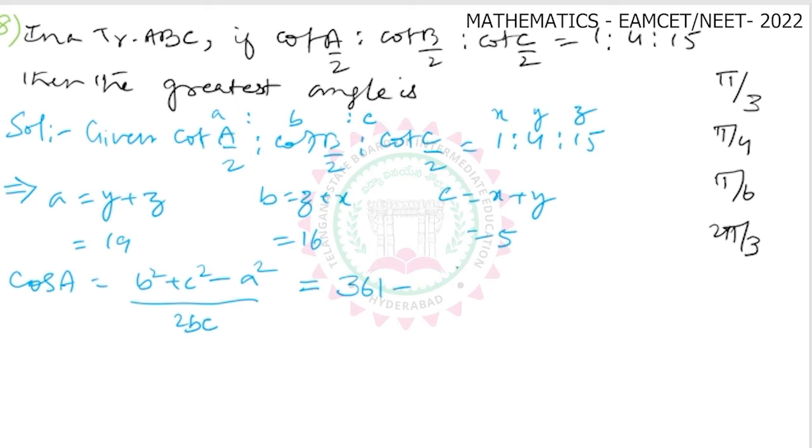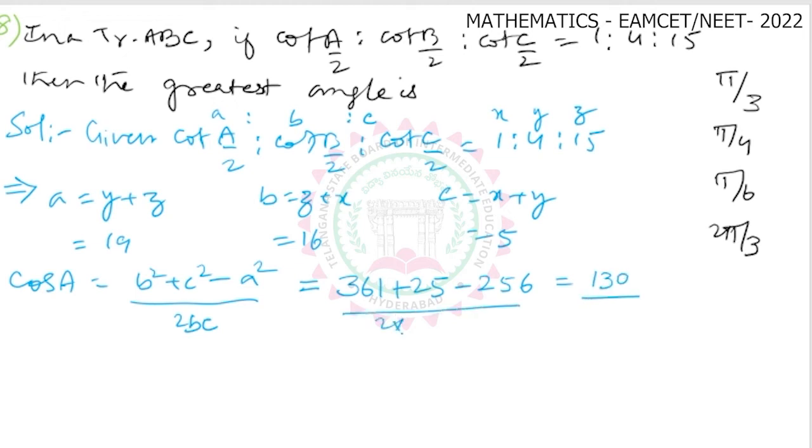Plus C, C is nothing but 5, 5 square is 25, minus 16 square is 256. So, 361 plus 25 minus 256, divided by 2BC.